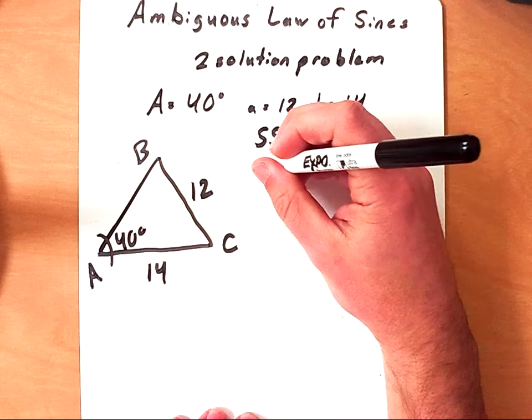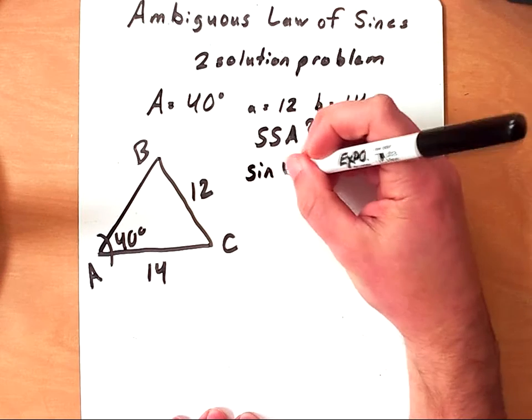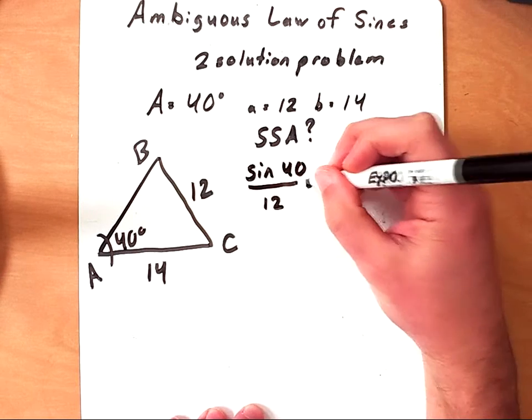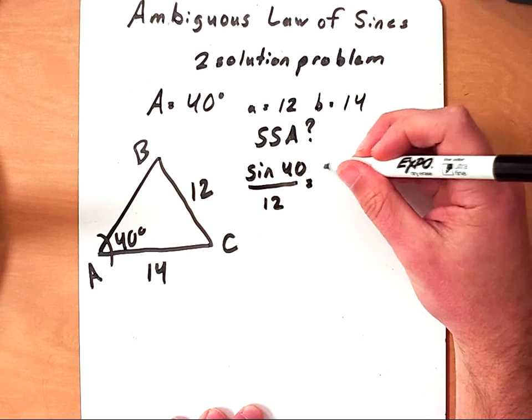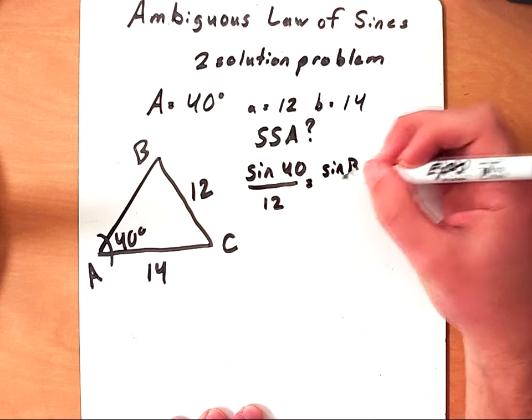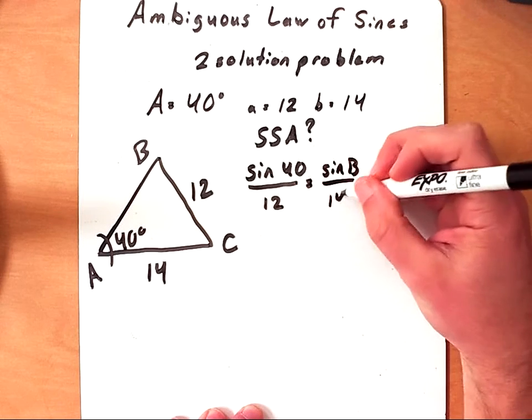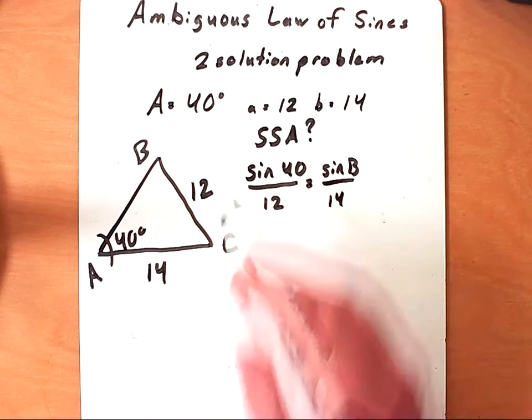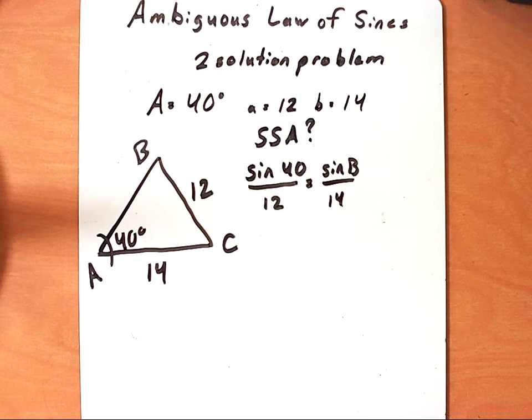So I'm going to set it up. This would be the sine of 40 over 12, and that's going to equal the sine of B over 14. Now, we would multiply both sides by 14. So if we punch this in our calculator, you're going to get the sine of 40 divided by 12, which will give you a decimal 0.05.